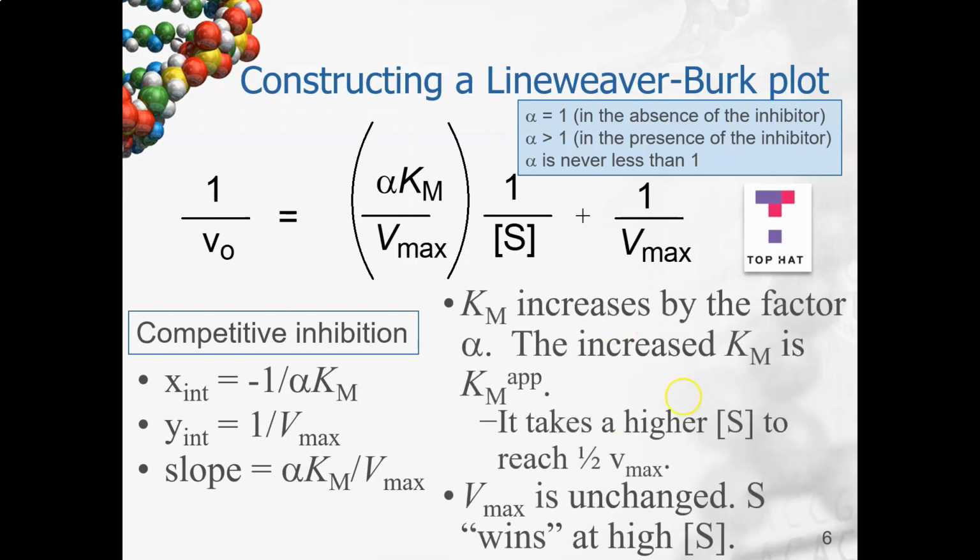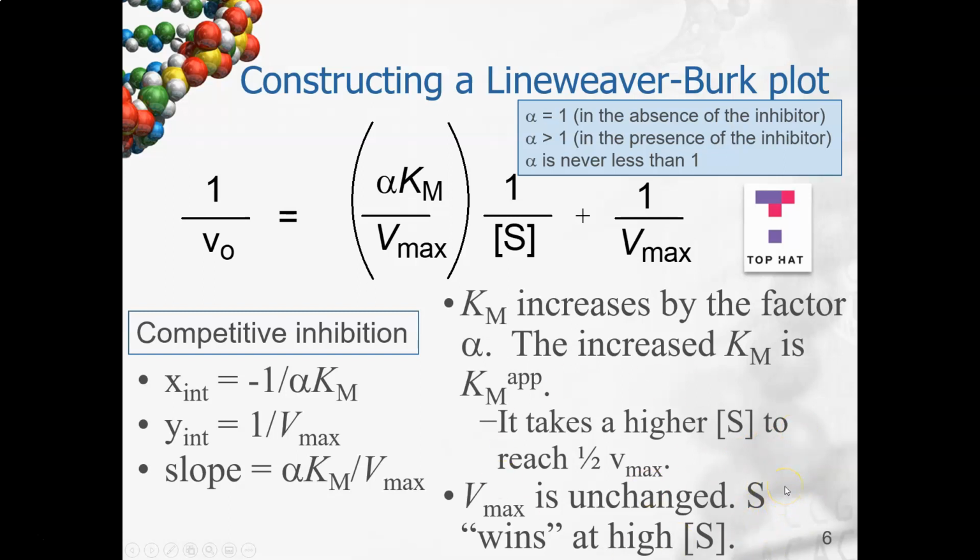So Km increases by this factor alpha. We call it Km apparent. That's the notation that we use when we're solving for the Km in the presence of an inhibitor. When Km goes up in the presence of an inhibitor, it takes a higher concentration of substrate to reach 1/2 Vmax.